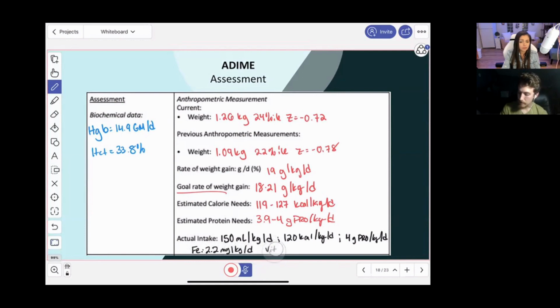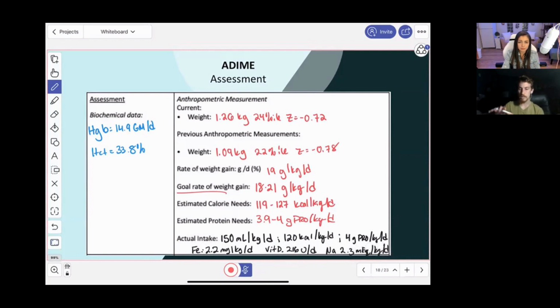We include vitamin D at 216 units per day. And lastly, we would include the sodium, which was at about 2.3. And that's milliequivalents per day.